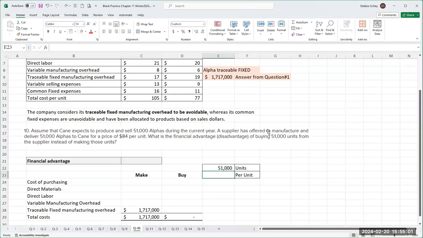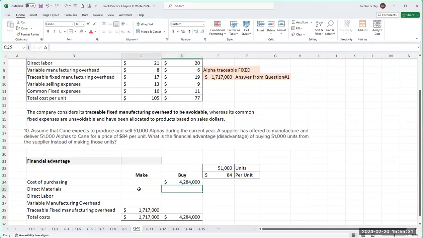During the current year, a supplier has offered to manufacture and deliver 51,000 alphas to Kane for a price of $84 per unit. What is the financial advantage or disadvantage of buying 51,000 units from the supplier instead of making those units? So again, all that's going in for the cost of purchasing goes in the buy column, and that is the units times the price per unit.